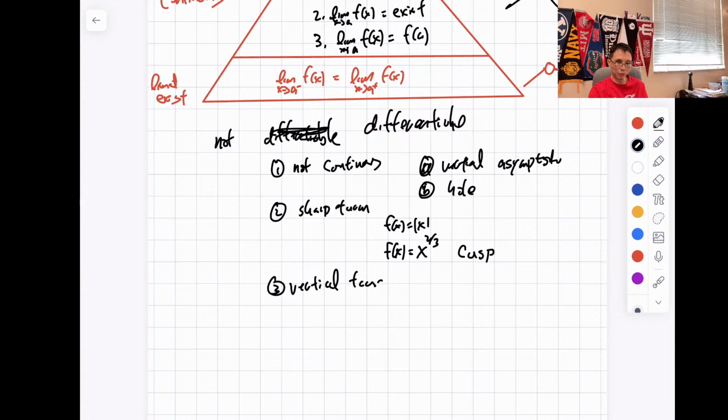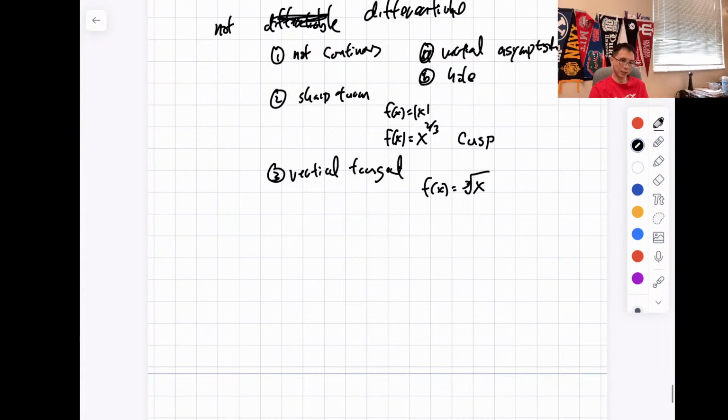Now this one usually people forget, but f of x equals cube root of x has a vertical tangent because the graph is going to be something like this. So at this point, it's not differentiable because the slope there is infinite. In this case, we're going to say an infinite slope does not exist.